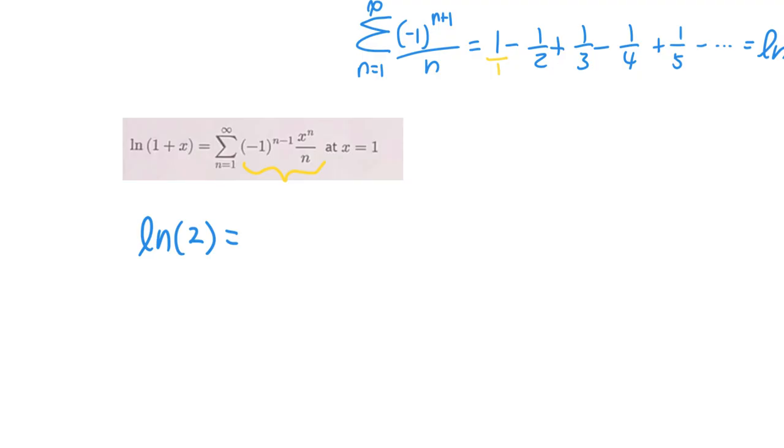I just wanted to demonstrate how that would work. Then it would be minus 1 to the second power over 2, right? Now that minus comes from this part because it's negative 1 raised to the first power in this case.